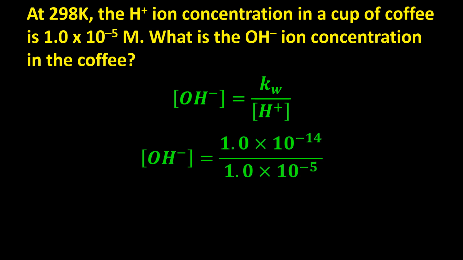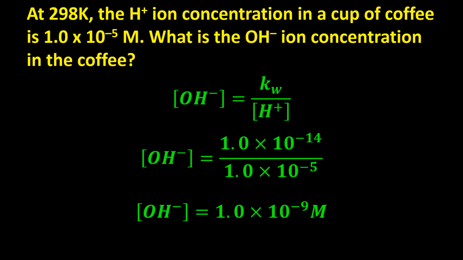Kw is always the same. It's 1.0 times 10 to the negative 14th. And the H plus concentration is given in the problem, 1.0 times 10 to the negative 5th. So we divide these two numbers to find that the hydroxide ion concentration is 1.0 times 10 to the negative 9th molar.